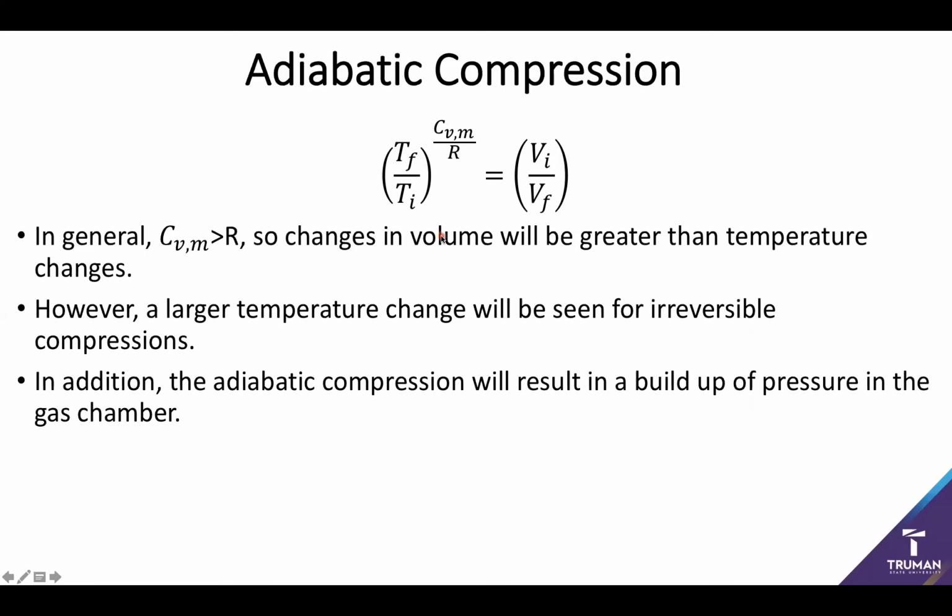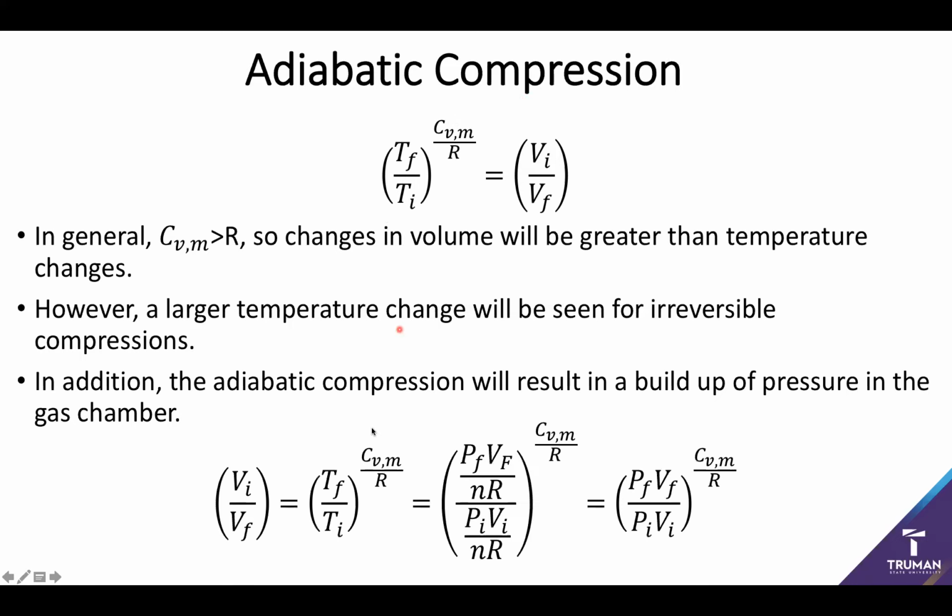One of the other things that we want to watch out for is the fact that this is not isobaric conditions. So even though pressure doesn't show up in here, our pressure isn't constant. It is indeed changing. And so one of the things we might actually want to do is examine what our pressure differences are going to be for one of these adiabatic compressions, in addition to what's happening to the temperature inside the system.